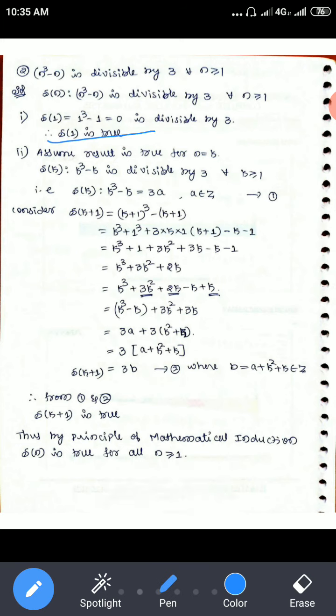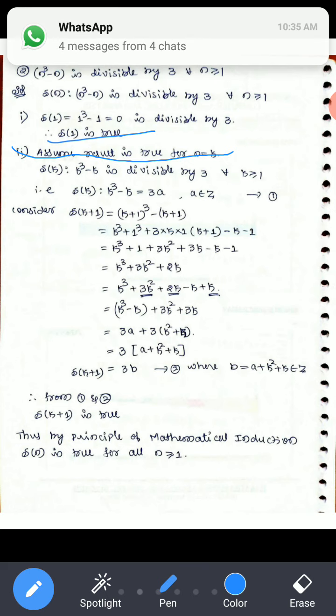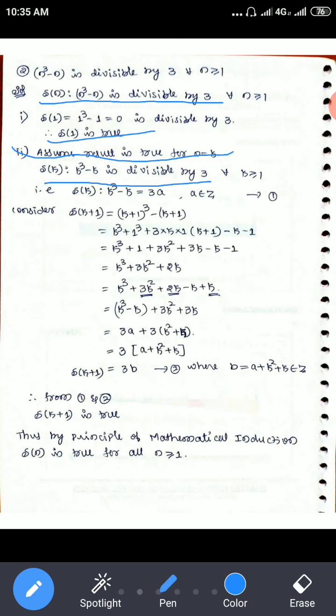Next, I told you to assume the result is true for n equal to k. So wherever n is there, substitute k. I am writing the statement Sk such that k cube minus k is divisible by 3 for all k greater than or equal to 1.